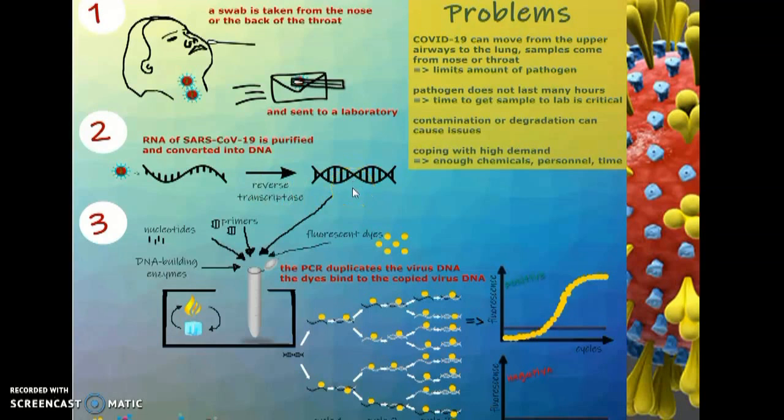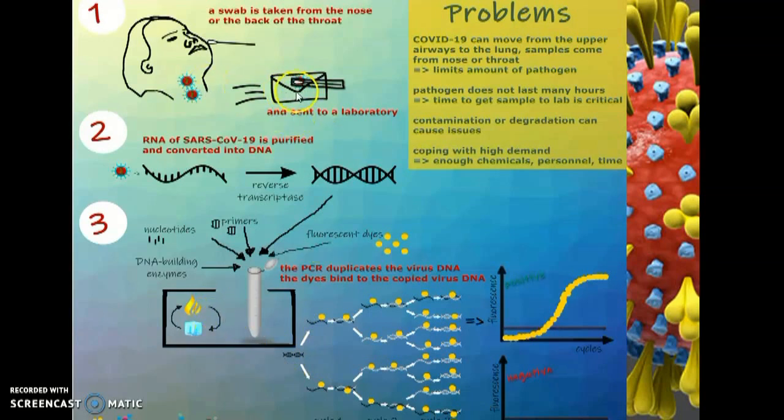Once we obtain this double-stranded DNA, it is amplified with the help of specific primers. So all of these, that is the viral complementary DNA, primers, free nucleotides, SYBR Green, and then Taq DNA polymerase, the DNA building enzyme, are added into a special tube, the PCR tube, and put into the PCR machine, where the amplification is carried out.